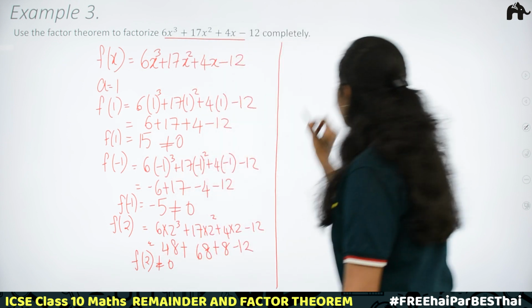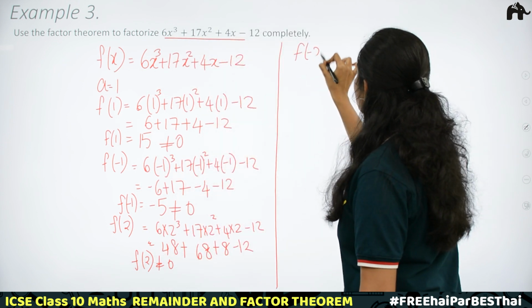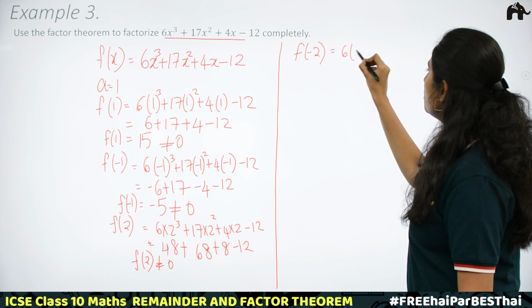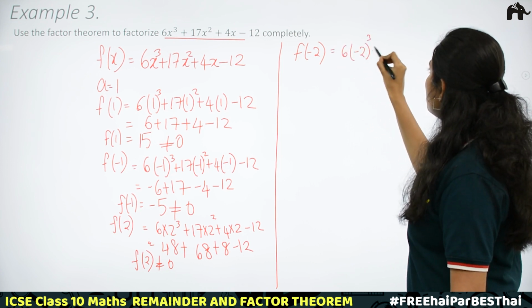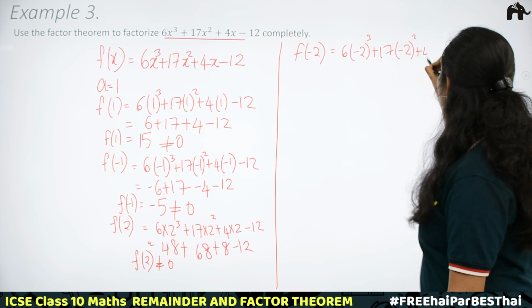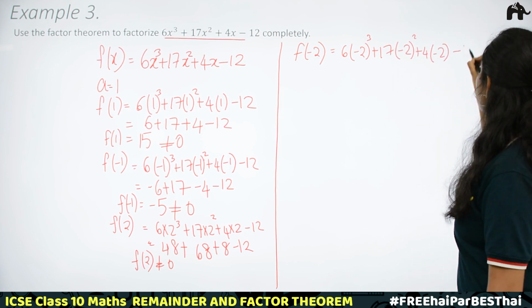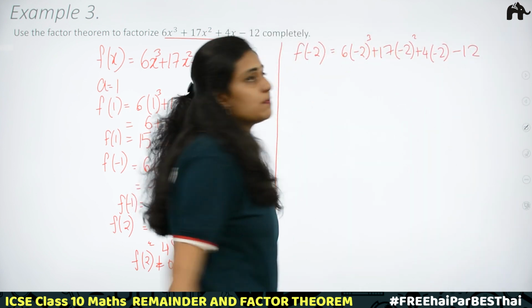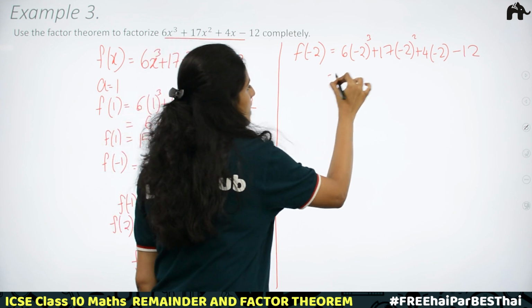Now, let's take f of minus 2. When you take f of minus 2, we will be getting 6 into minus 2 cube plus 17 into minus 2 square plus 4 into minus 2 minus 12. Okay. Minus 2 cube is minus 8. Minus 8 into 6, minus 48.